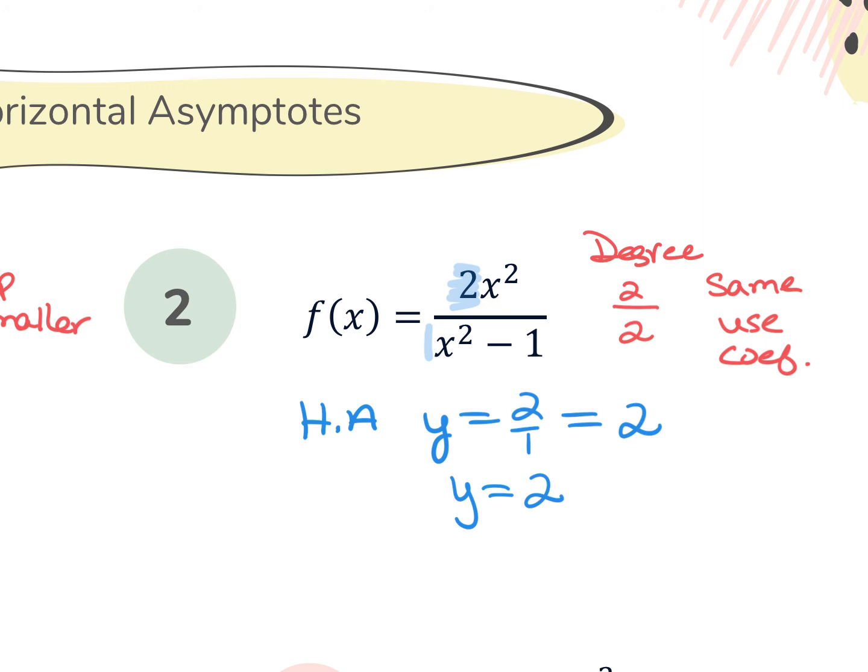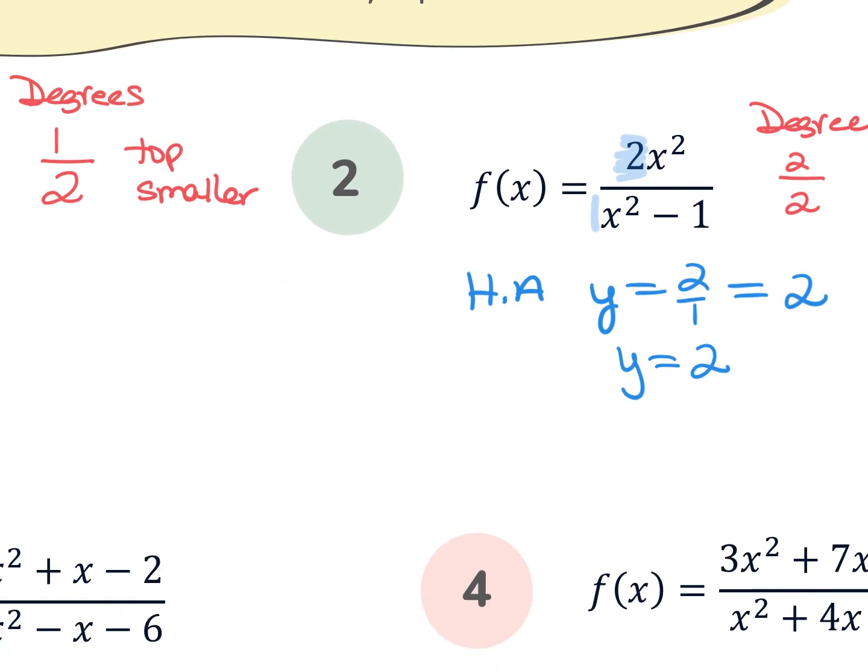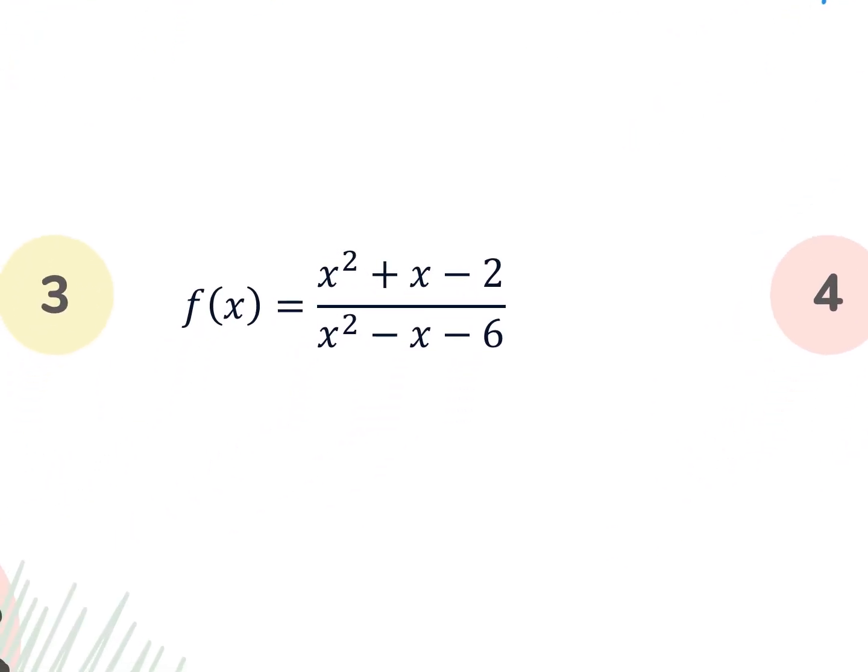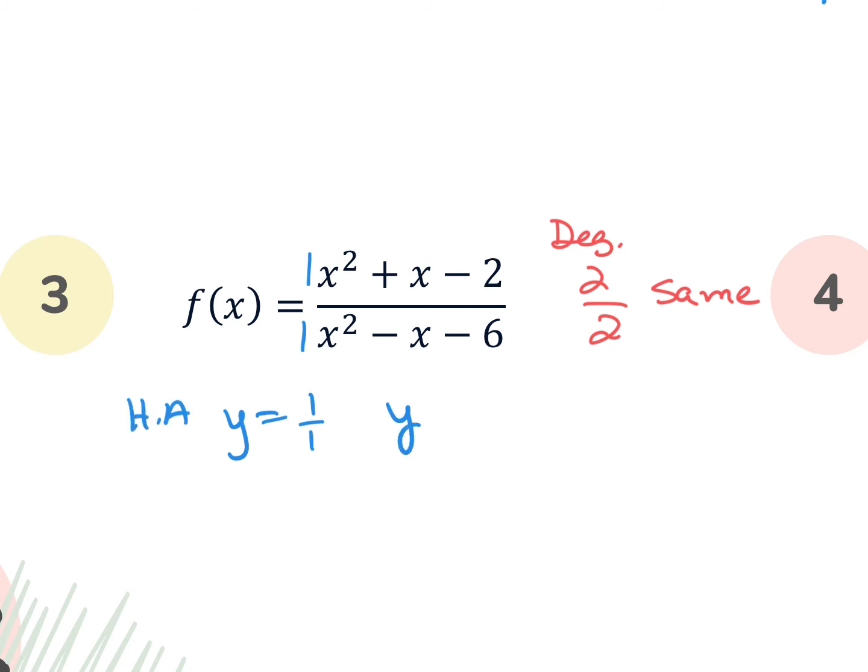For number 3, again, make sure it's in standard form. It is. So again, same thing here. My degree of the top is 2. My degree of the bottom is 2. They're the same. I'm using the coefficients. So I end up with y equals 1 over 1. And my horizontal asymptote is y equals 1.